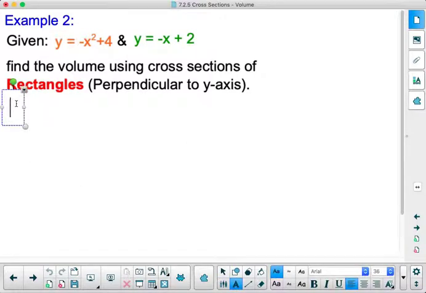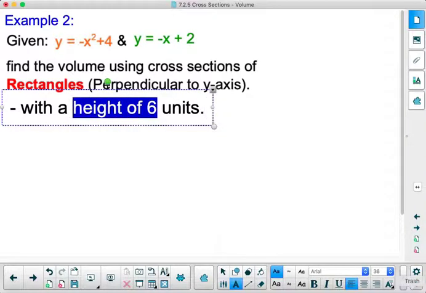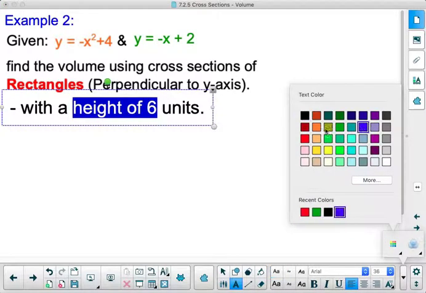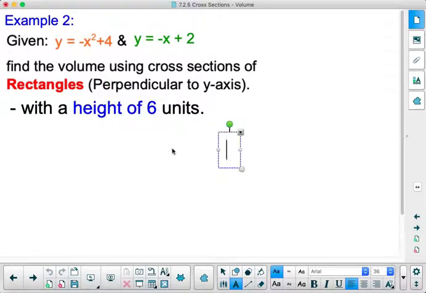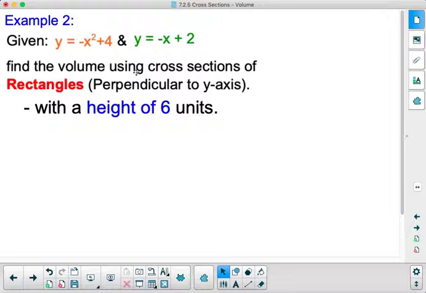My rectangles are going to have a height of 6 units. There we go. Does that make sense? Make that stand out for you. A key little phrase, I should have typed that in the original.